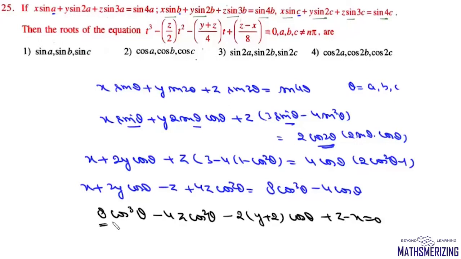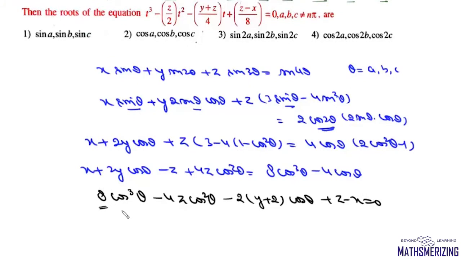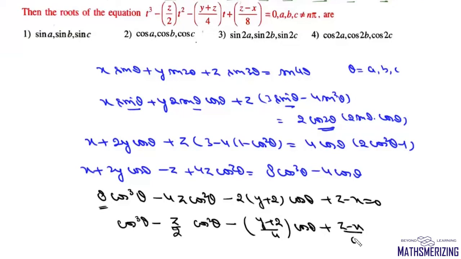Now we'll divide everything by 8. We can write this equation as cos cube theta minus z upon 2 cos square theta minus (y plus 2) upon 4 cos theta plus (z minus x) by 8 equals 0, which is the same as the given equation, t cube minus z by 2 t square minus (y plus 2) by 4 t.